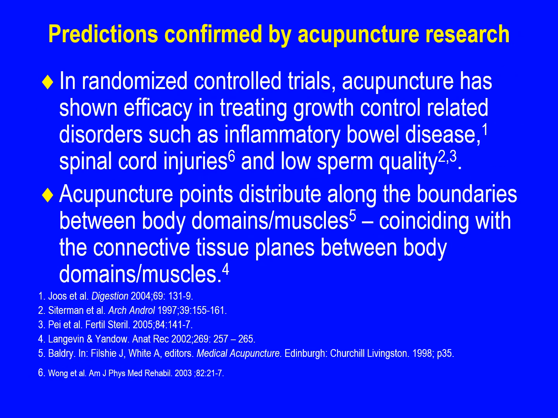This organizer model of acupuncture also has confirmed predictions for clinical acupuncture. In randomized controlled trials, acupuncture has shown efficacy in treating growth control-related disorders such as inflammatory bowel disease, spinal cord injuries, and low sperm quality.